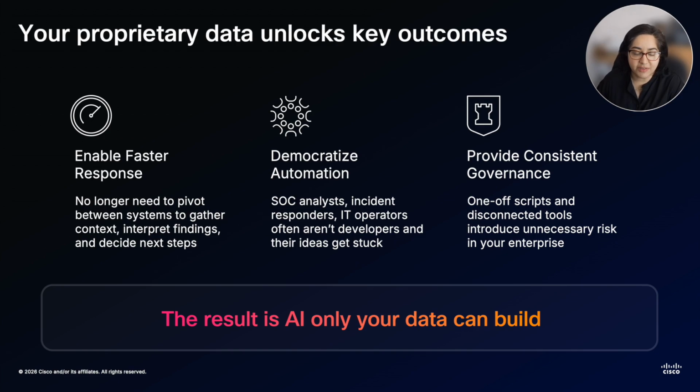And consistent governance, replacing the one off scripts and disconnected tools that quietly accumulate risk across the enterprise. And none of this comes from a better model. It comes from your data in your environment with your governance. And that's the AI only your data can build.